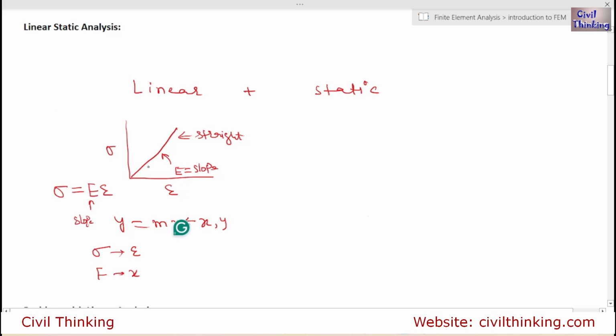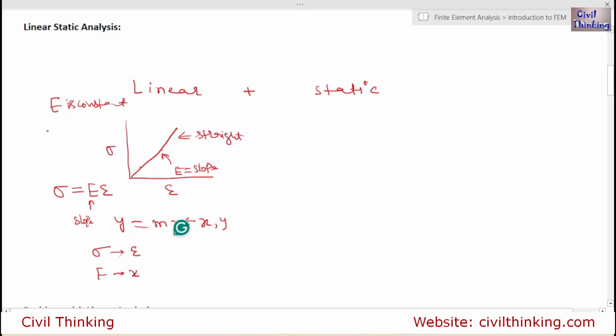In a straight line, what is the slope at different points? Constant. Because it is a linear line, this is the reason we say in linear analysis E is constant, because E is the slope.